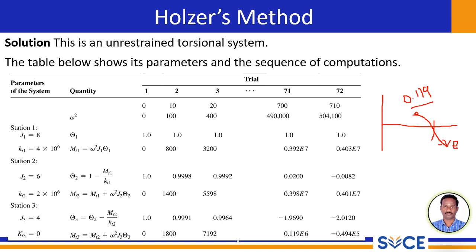The 0.119 is for the 71st trial, that is 700, and this negative value is at 710 radians per second. So one positive value, one negative value, so definitely the curve has to cross the 0 value. We have to plot the graph, and from the graph we have to take this value. That is our exact natural frequency.